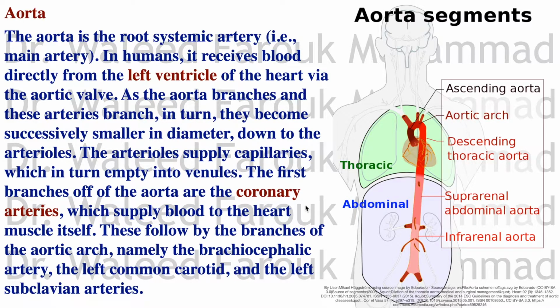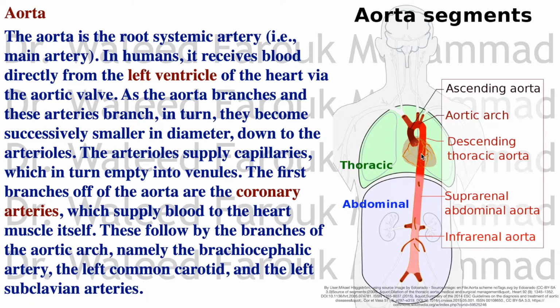These are followed by branches of the aortic arch, namely the brachiocephalic on the right side, which divides into right common carotid and right subclavian, and on the left side, as it arches over the left main bronchus, is the left common carotid and left subclavian arteries.